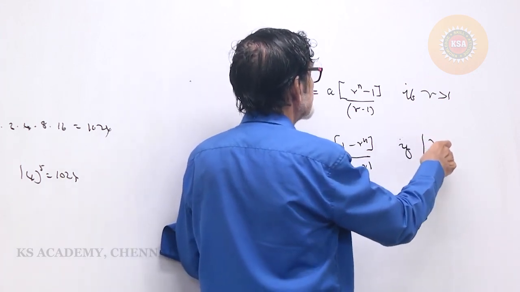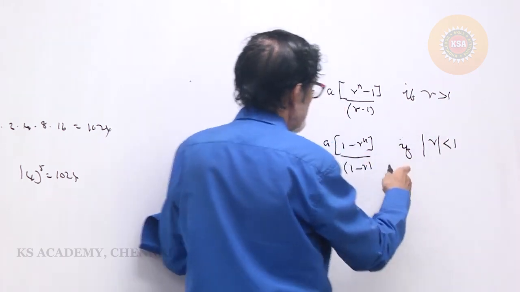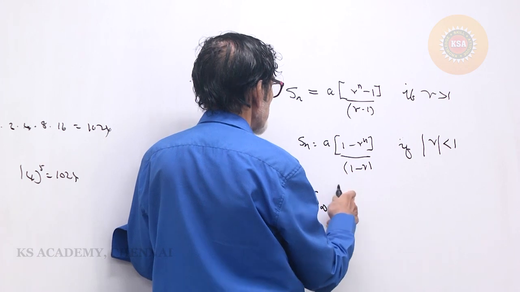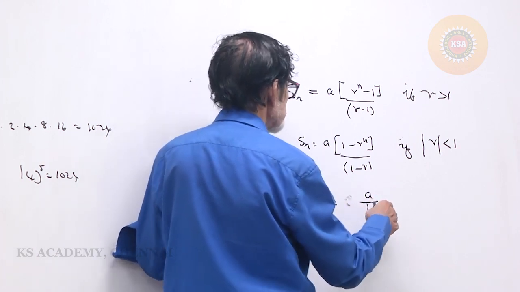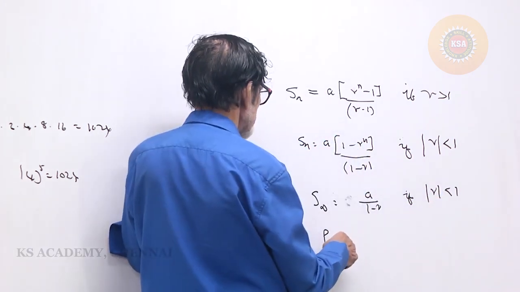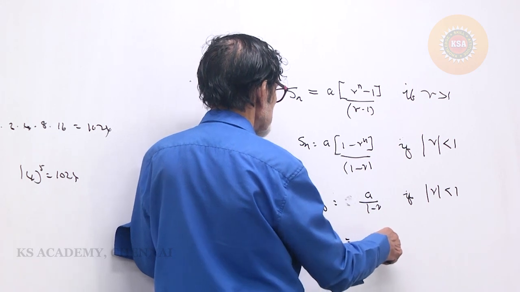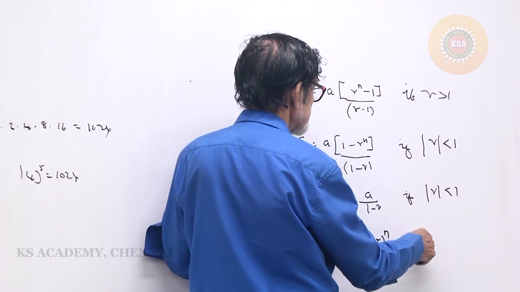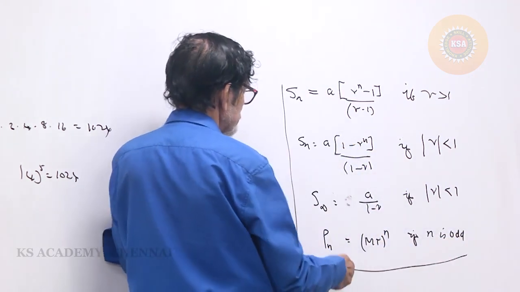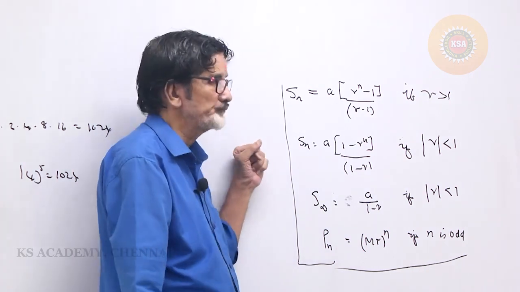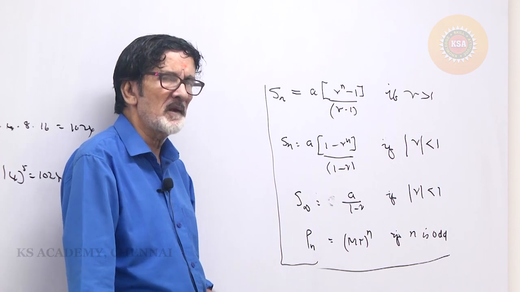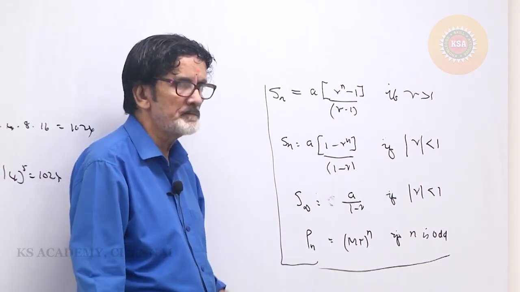If mod r is less than 1, don't put less than or greater than equal; S infinity, mod r less than 1. Here the n value should be odd, n is odd condition.